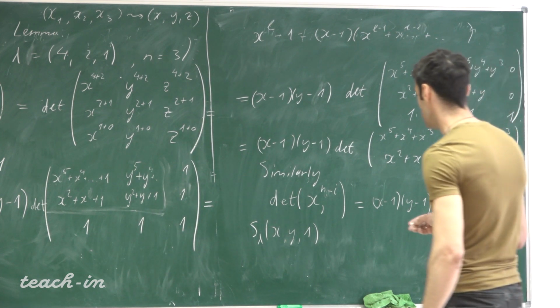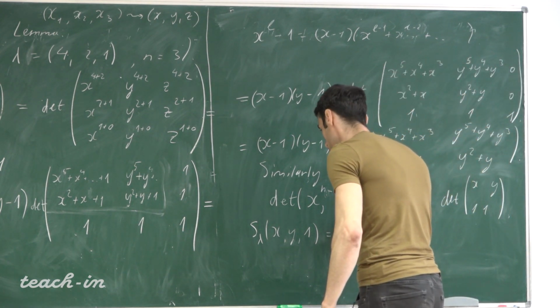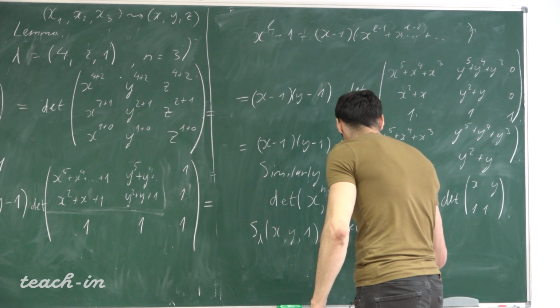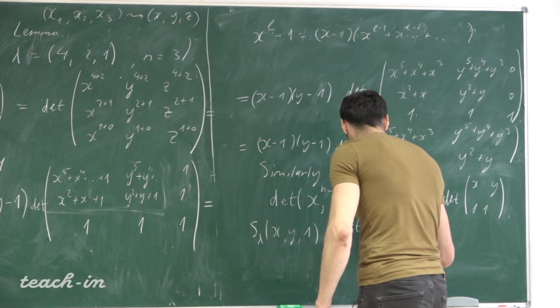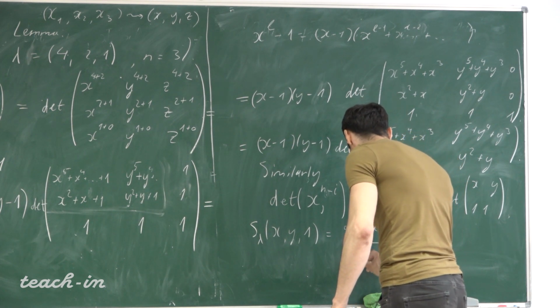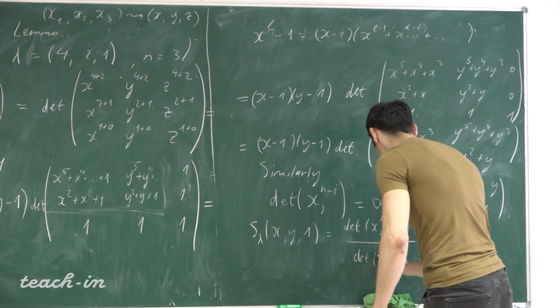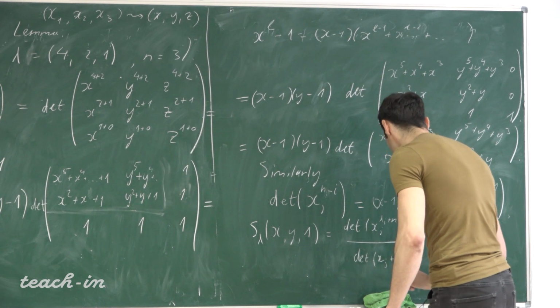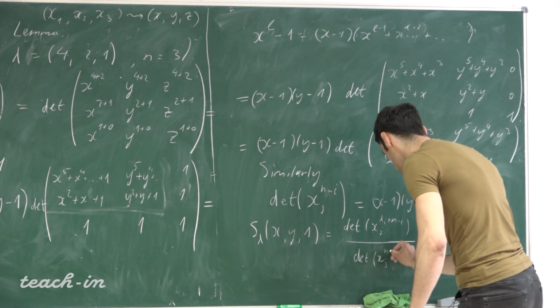So this is the determinant of x_j to the lambda i plus n minus i, over the determinant of x_j to the n minus i.